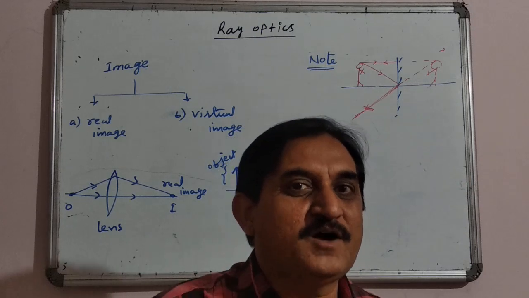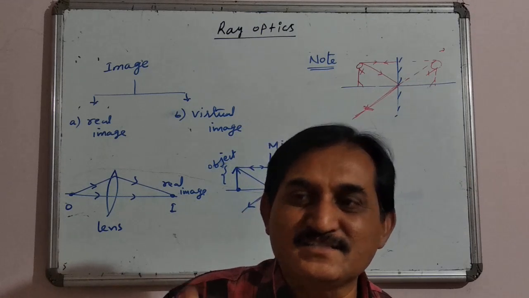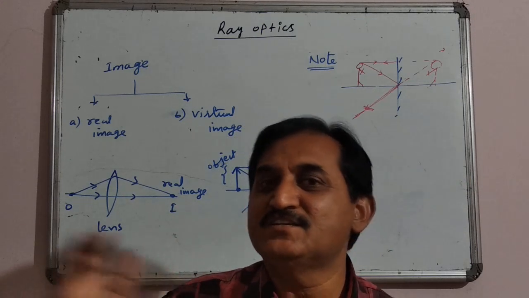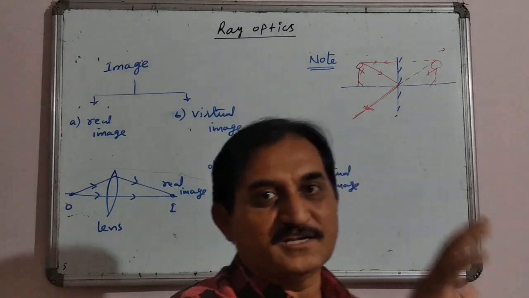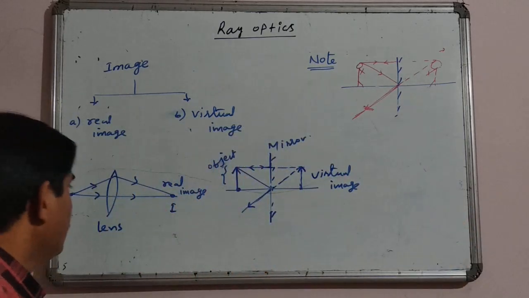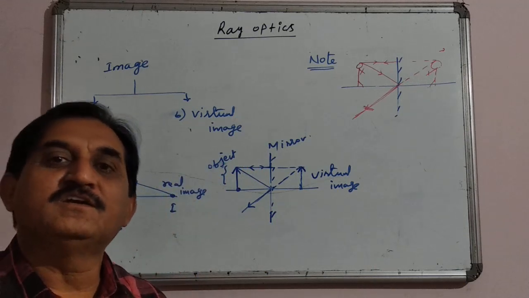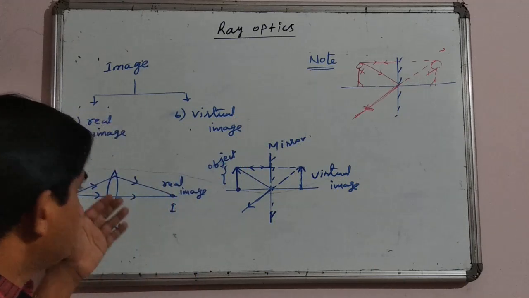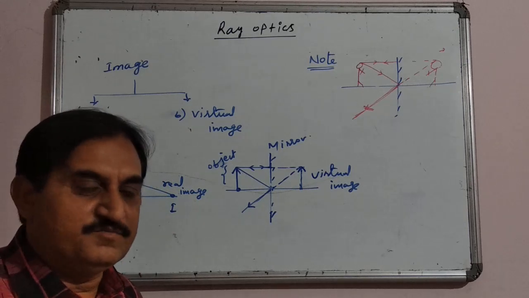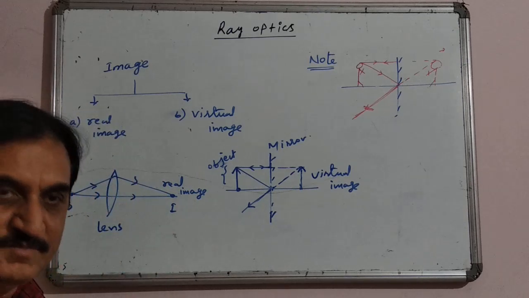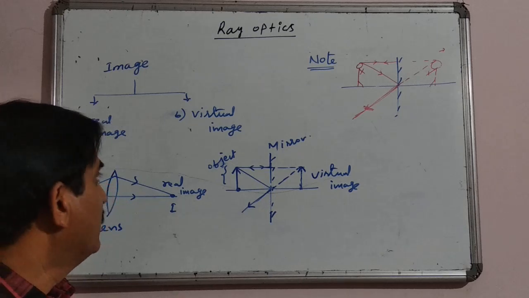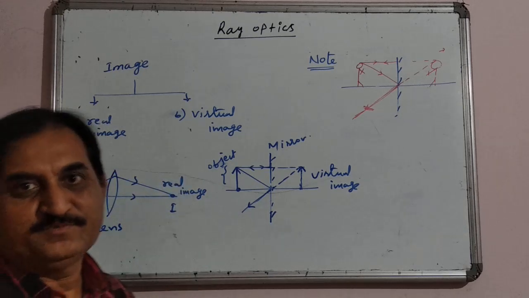Therefore the retina is the screen and the image is formed on it, so that is also taken to be a real image. So a real image can be obtained on the screen, and we gave different examples to understand the real image.